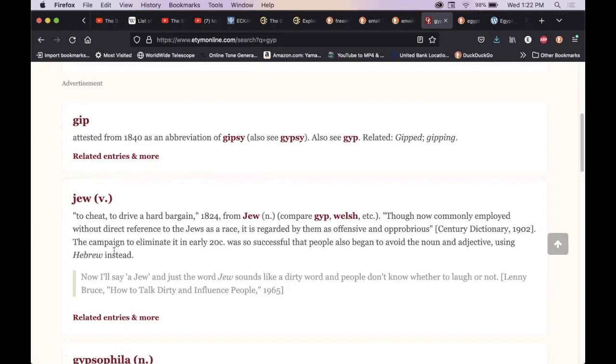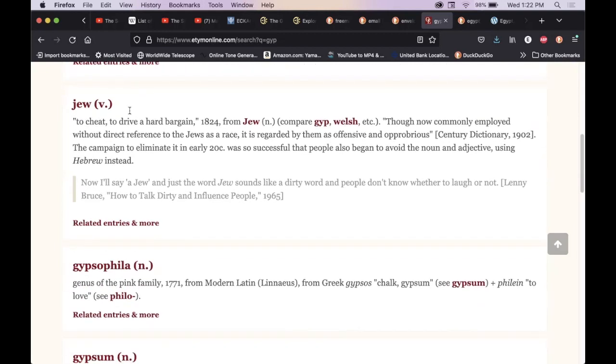Though now commonly employed without direct reference to the Jews as a race, it is regarded by them as offensive and opprobrious. The campaign to eliminate it in early 20th century was so successful that people also began to avoid the noun and adjective, using Hebrew instead. But you also know that even though the J and the G are interchangeable here, the H and the J are also interchangeable.